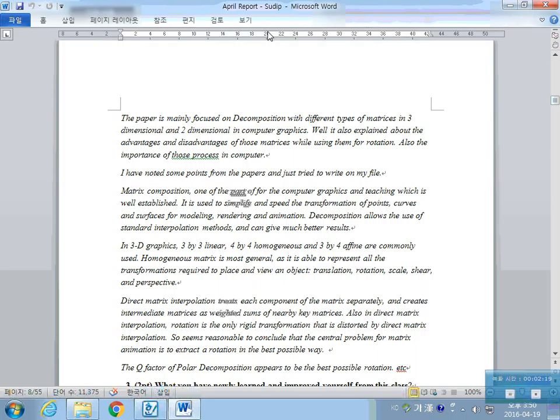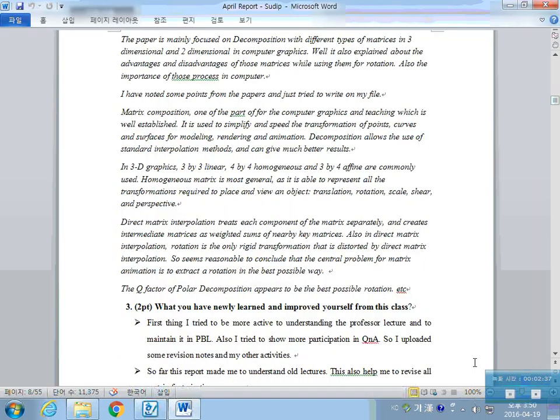I asked about that in Q&A, and Nagib and the Professor replied. According to them, we don't use bigger matrices in graphics because they don't reflect the exact figure in rotation. That's why we use 2x2 and 3x3 matrices.